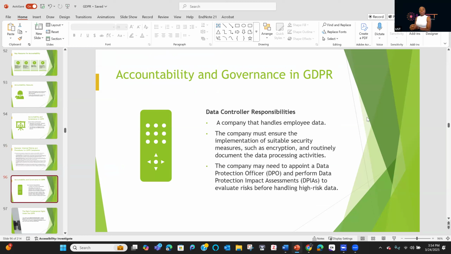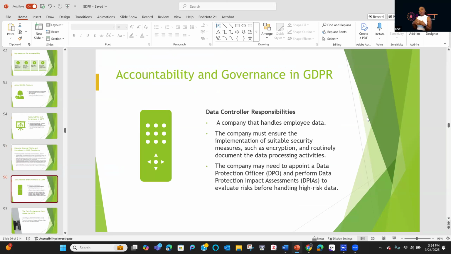Still, then let's look at the responsibility of the data controllers. First, the company handles employees' data, of course, right? So if they handle employees' data, what are they going to do? The company ensures the implementation of security measures such as encryption, and routinely documents its data processing activities.